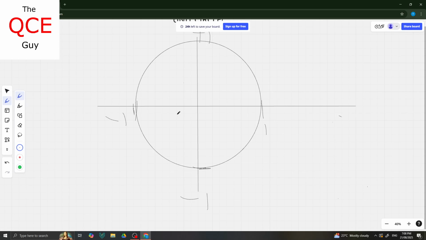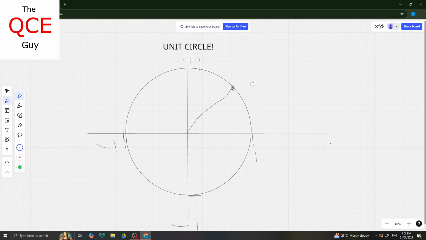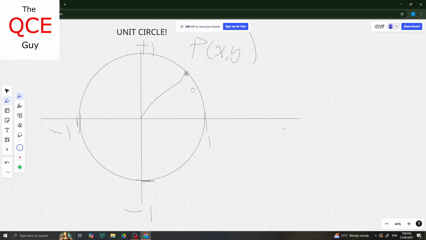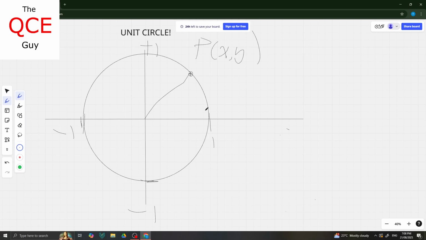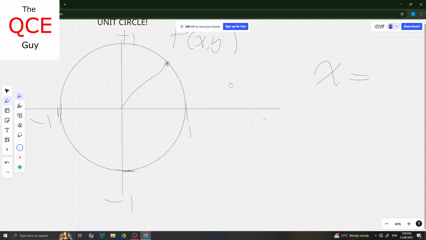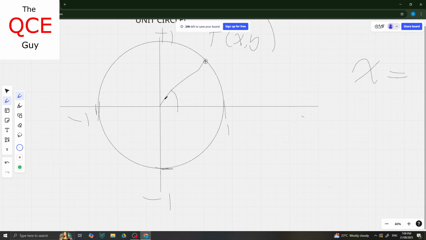Then you can have any point defined on the intersection here, which we can call point P, where its coordinates are going to be some x value and some y value. It can be said that the x is going to be equal to the cosine of whatever angle is here.